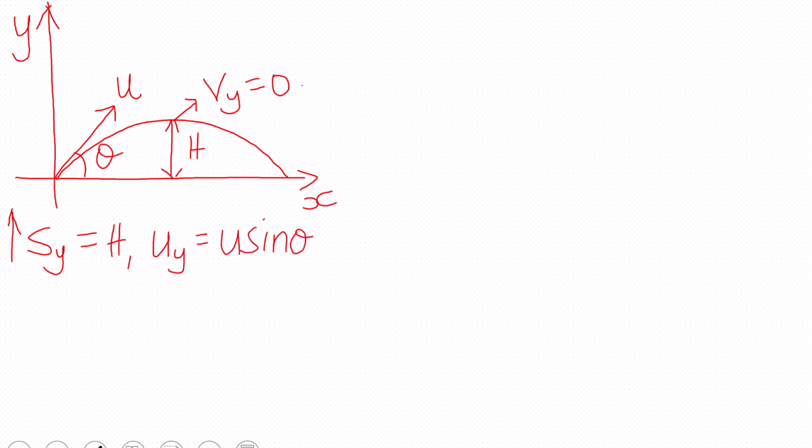I know that my v at that point will be 0 where I have h, and I know that time can be taken as t, and acceleration will be g, but negative. So with this information, I can derive the equation that we can always use to calculate maximum height, using nothing else apart from the three equations of motion.